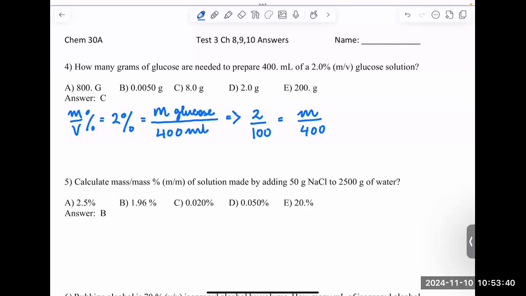Now I'm not doing the mathematical conversions. So the zeros cancel out, 2 fours are 8. So this gives you 8.0 grams of glucose that you need. This is the way you will set up the problem.